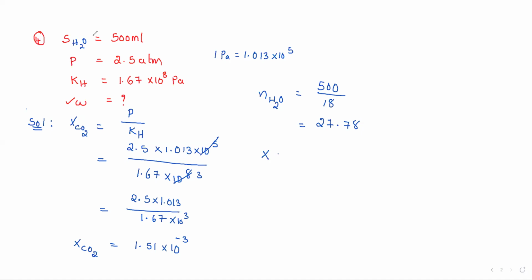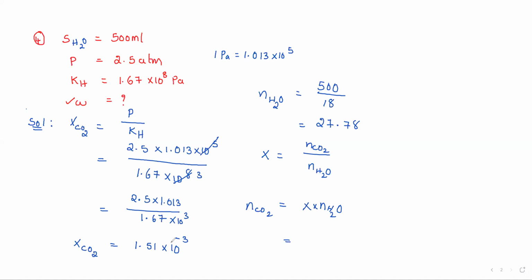Then, in the mole fraction formula, moles of CO2 upon moles of water, in the denominator you need to ignore CO2. So directly I am going to choose the number of moles of water. You can substitute: number of moles of CO2 equals X into number of moles of H2O.